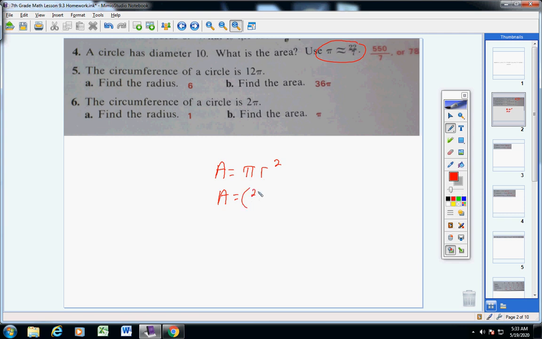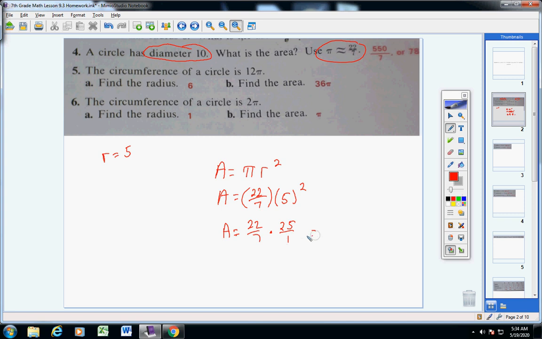So for pi, I'm going to put 22 over 7. Now remember, diameter is always twice as big as the radius. So if you have a diameter of 10, then your radius is going to be 5. So we'll put 5 squared. Alright, and here we go. Area equals 22 over 7 times 5 times 5 is 25.